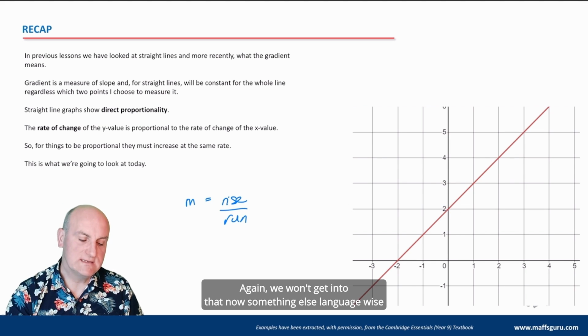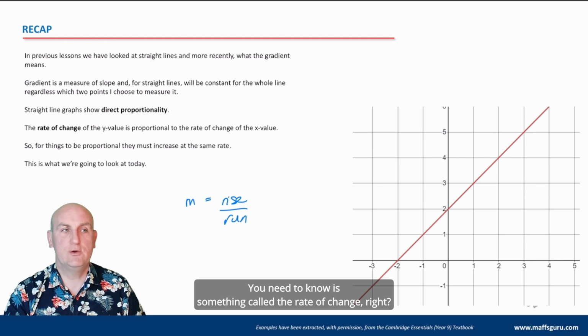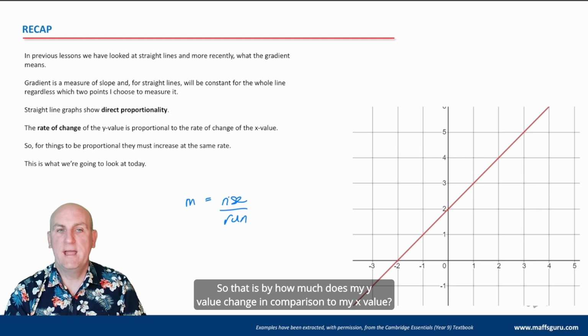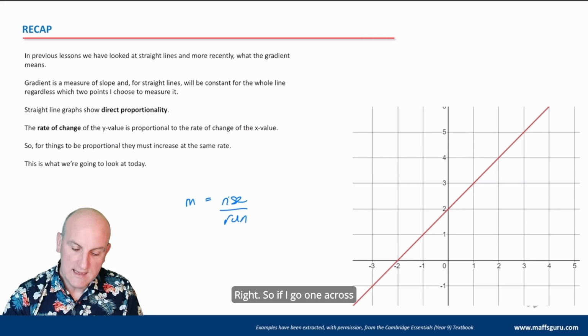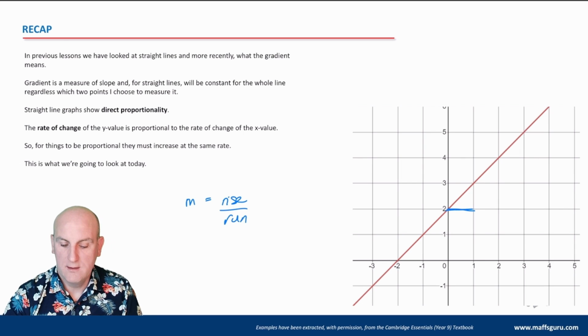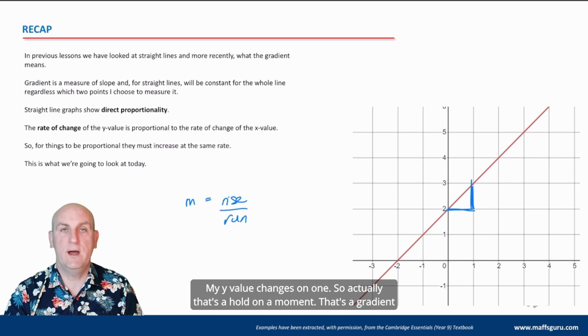Now, something else, language-wise, you need to know is something called the rate of change. That is, by how much does my y value change in comparison to my x value? So if I go 1 across, my y value changes by 1. So actually, hold on a moment, that's a gradient.